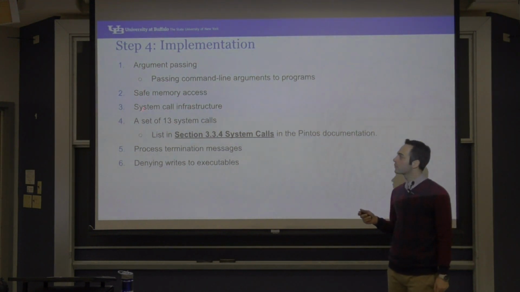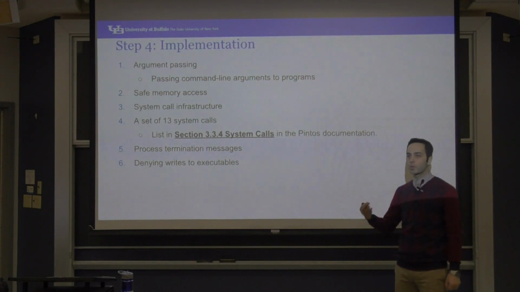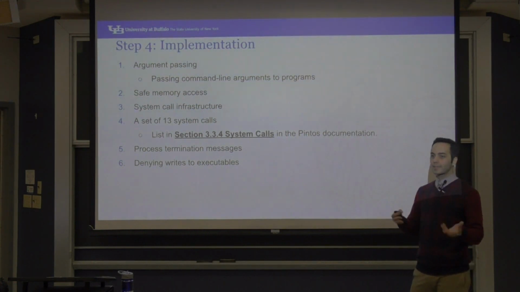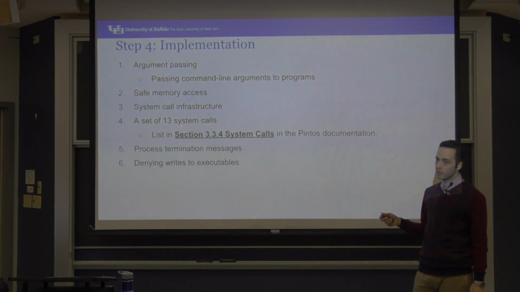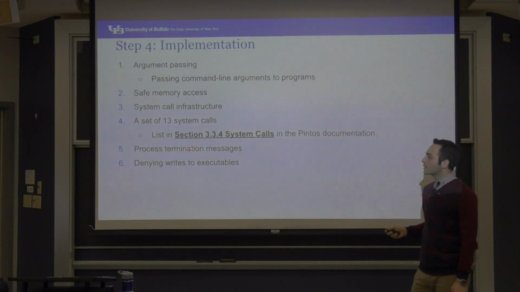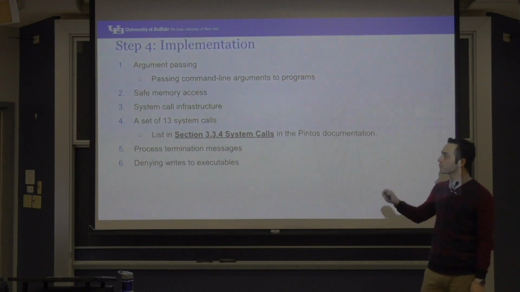Safe memory access: when a user program wants to access memory, how to ensure it will be safe, and whenever it's passing those memories to the kernel, how to ensure there's no issue. System call infrastructure, and then the system calls. Then process termination messages, which is relatively easy, and denying writes to executables. So these are things that you have to implement.